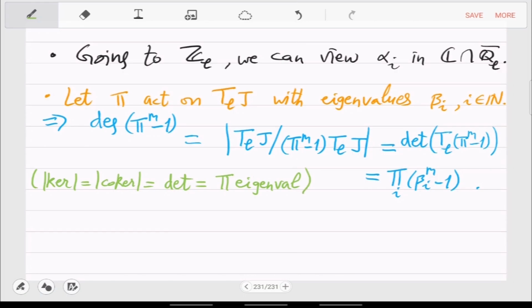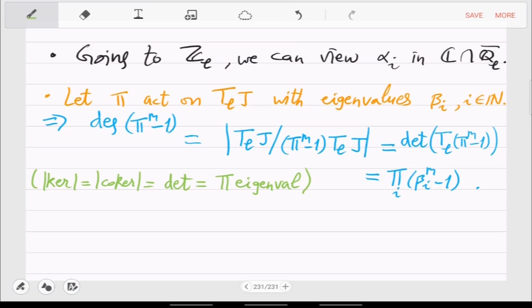That's the sequence of purely linear algebraic connections that we are using. So degree of pi^m - 1 is nothing but the product of eigenvalues, which, if pi has eigenvalue beta_i, then pi^m - 1 has eigenvalue beta_i^m - 1.